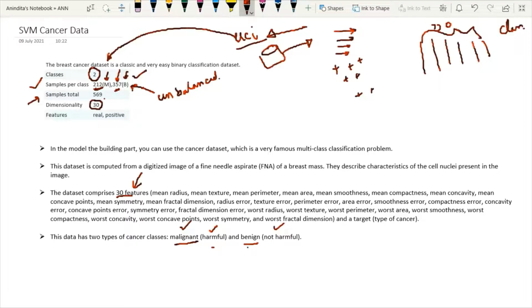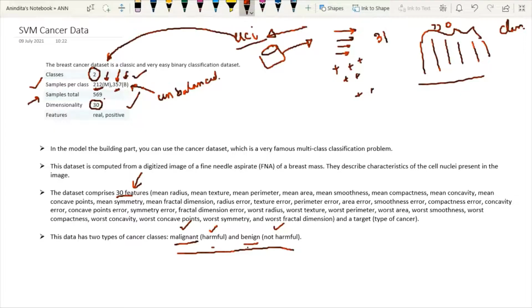And we have one extra column that signifies the class. So in our data set we have a total of 31 columns and 569 rows.